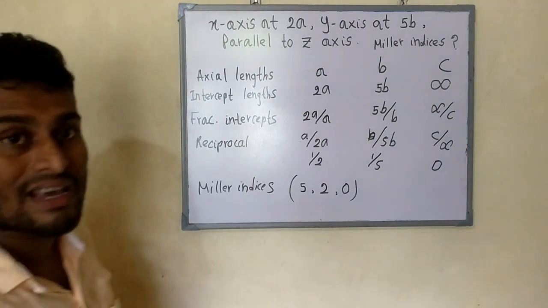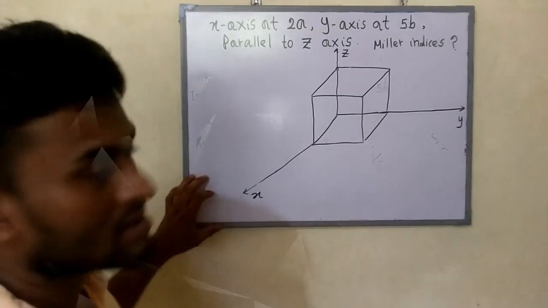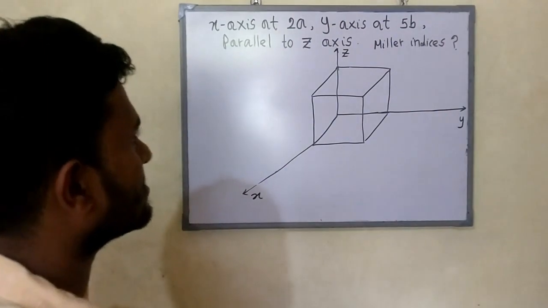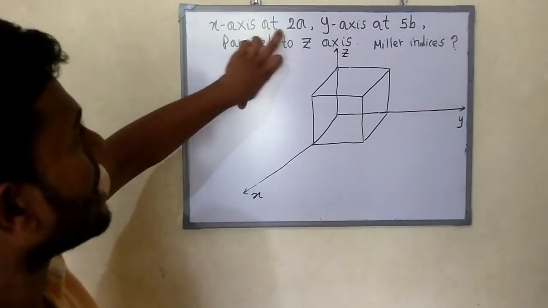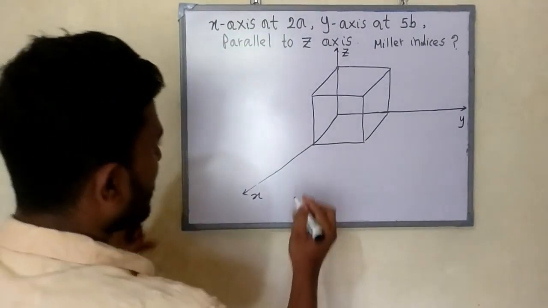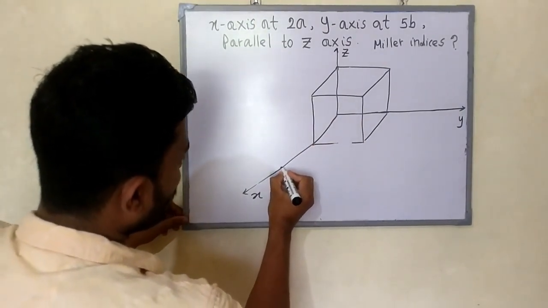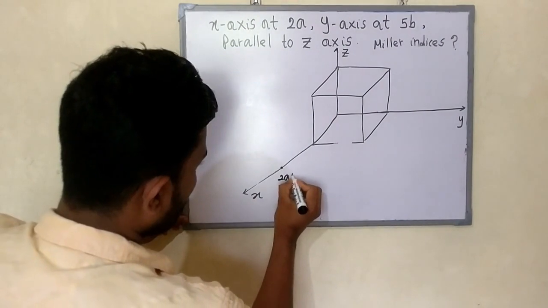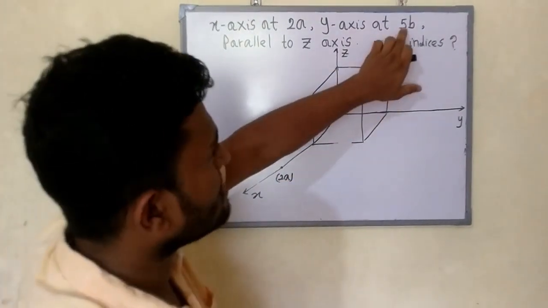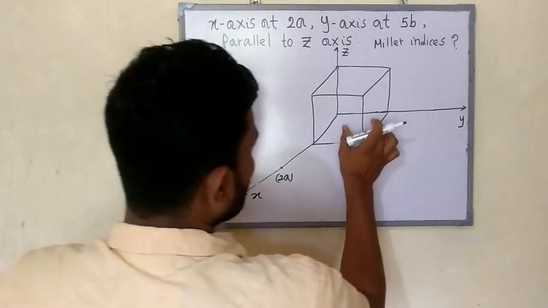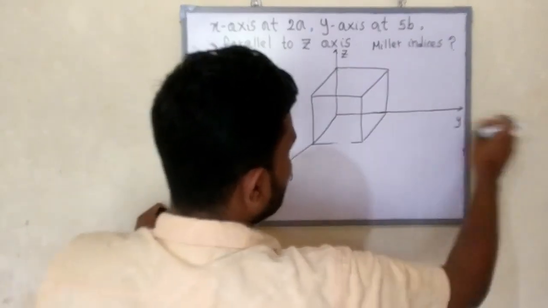So now let's see how to draw that. You can write the cubic crystal like this. Here the x-axis at 2a. So this is 1a, and up to here 2a. And the y-axis at 5b. So this is b. Sometimes it will be like this.